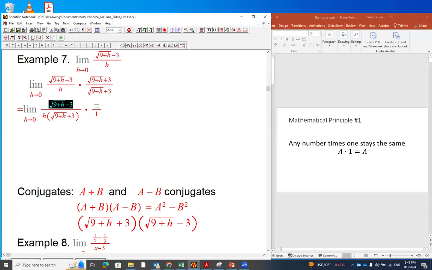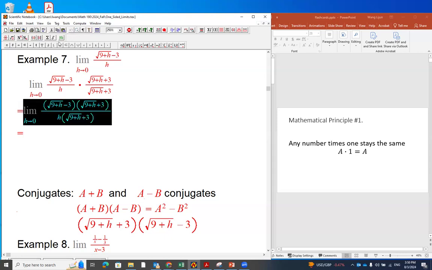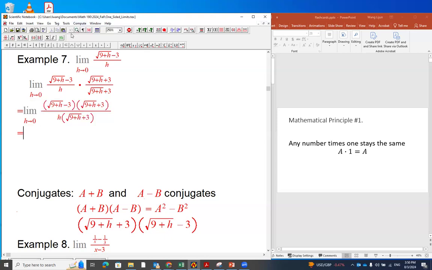We bring them a little closer. In fact, this step can be omitted. I just want to show you, so this step is optional. The next step is really what I want to show you, because we're going to apply that a squared minus b squared.